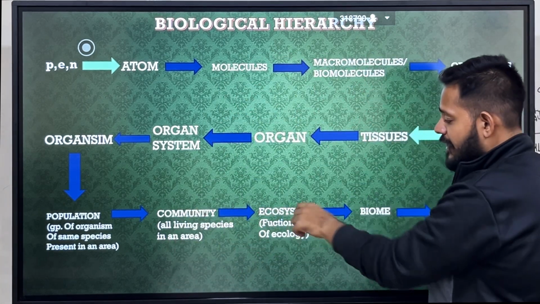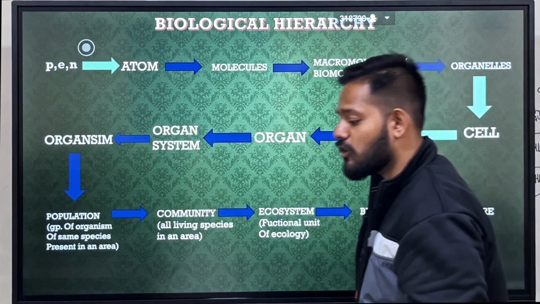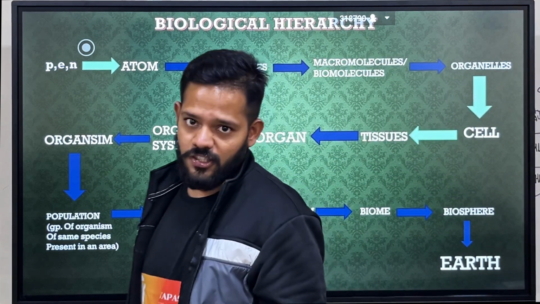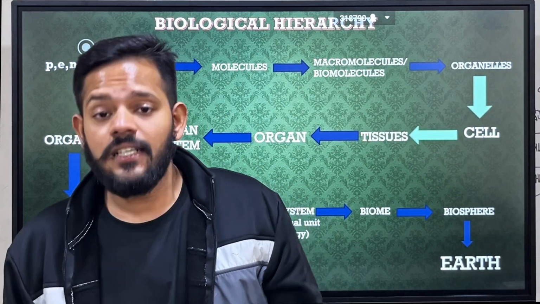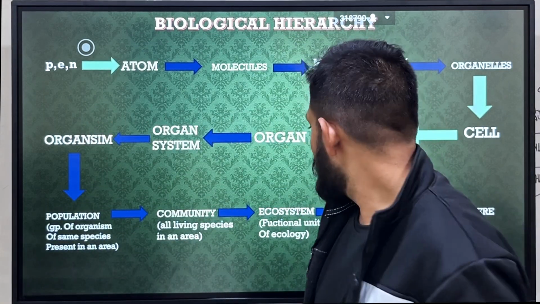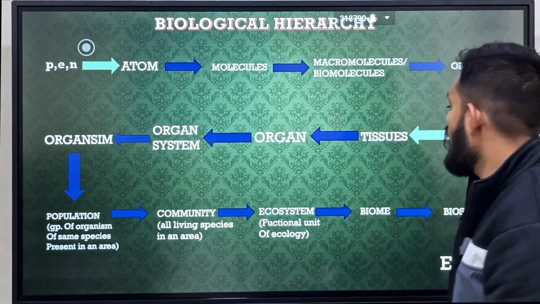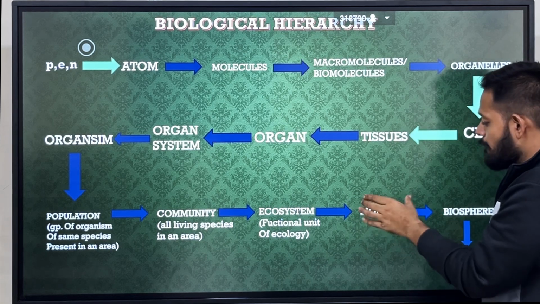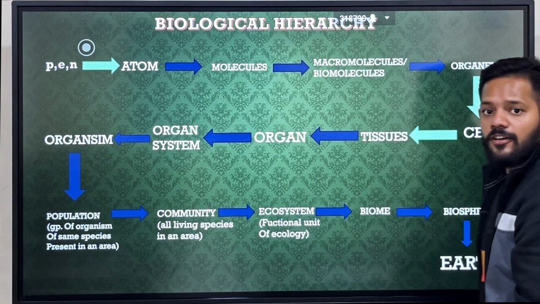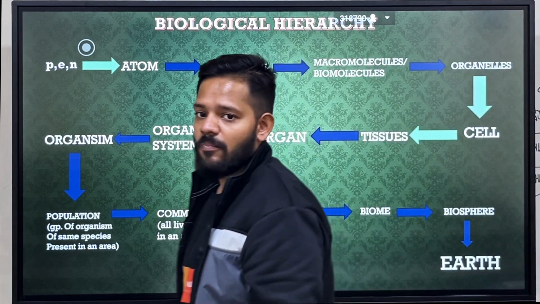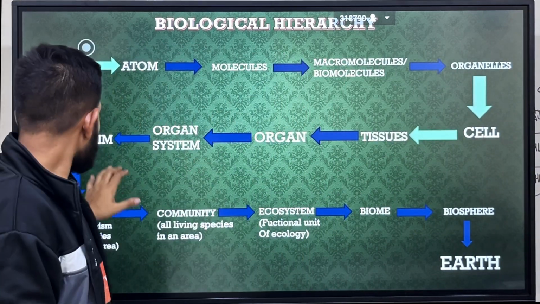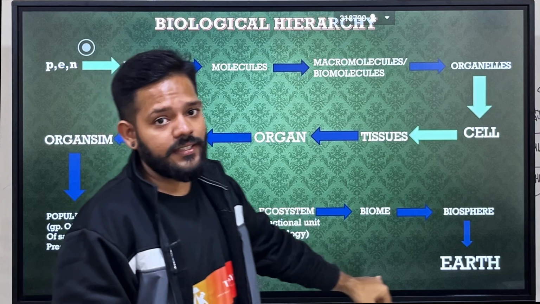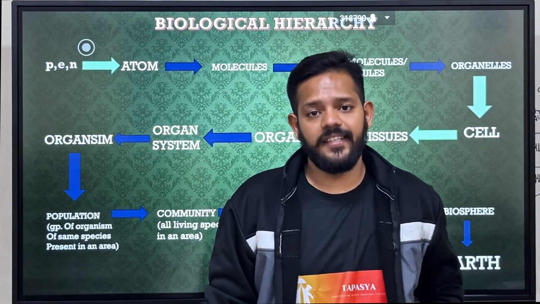And many communities form an ecosystem, which is the functional unit of ecology. Many ecosystems come together and form a biome, and many biomes come together to form the biosphere, and the biosphere forms the earth. So from organism to earth, it is known as the ecological hierarchy.